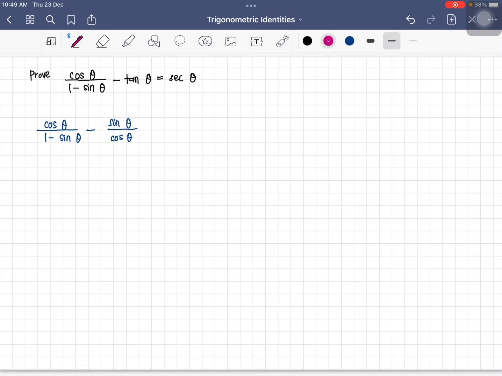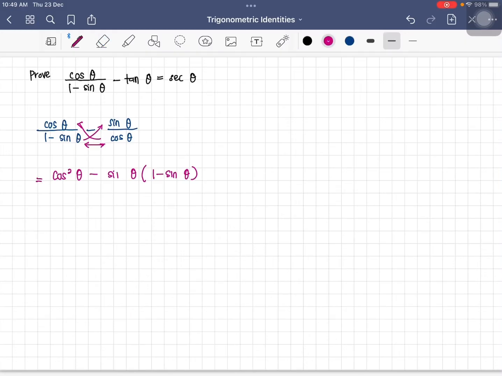Now I'm going to write this as a single fraction. So what should I do? I should multiply it something like this. So now I have cos squared theta minus sine theta multiplied with 1 minus sine theta. Sorry, that one should not be squared.